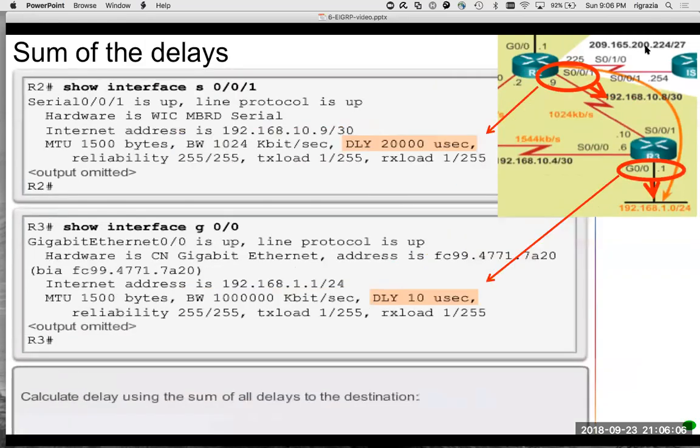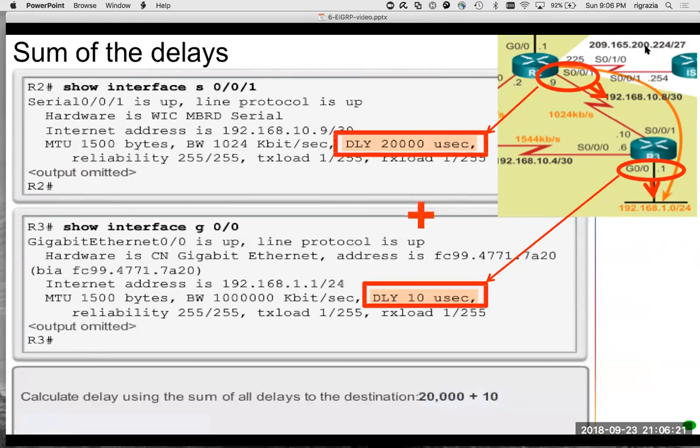Interfaces also have these things called delay values. They're fixed values, and they're really associated with the type of interface. We can see we have a serial interface and we have a gigabit Ethernet interface. With EIGRP, it actually uses the sum of the delays. By the way, if I didn't mention, you use the show interface command to see these values, both the bandwidth and the delay, and even the reliability and load.